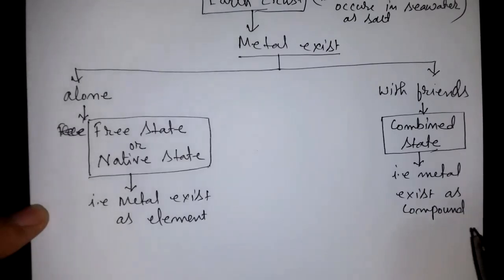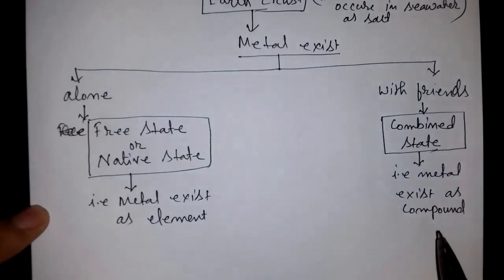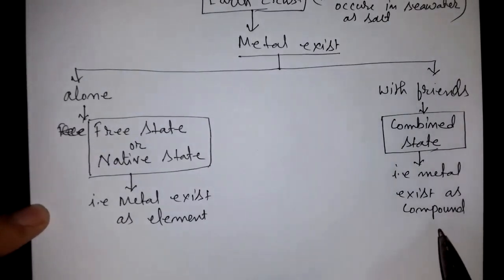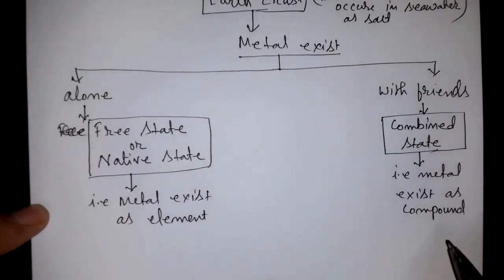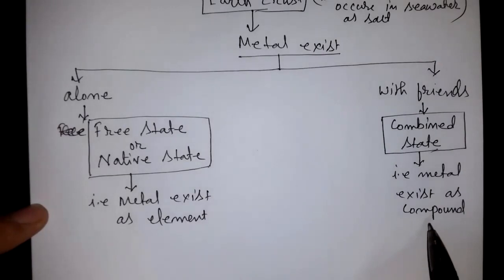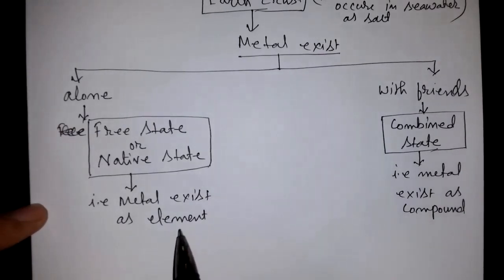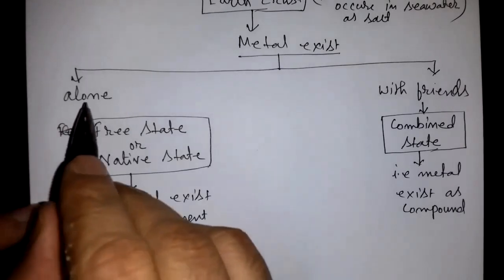Because pure substance having different types of atom in the formula is called compound, and pure substance having same type of atom is called element. Same type of atom means no other friend, that's why it is alone, that is free state or native state.